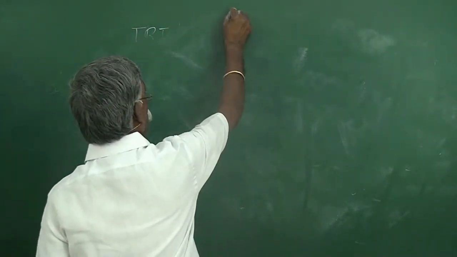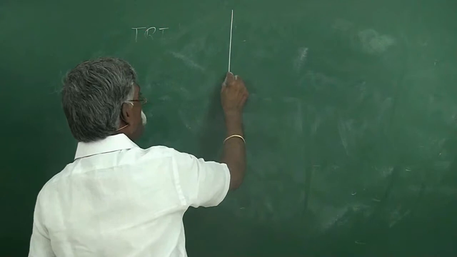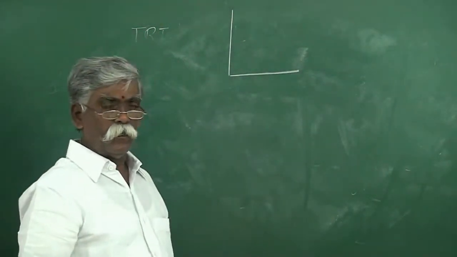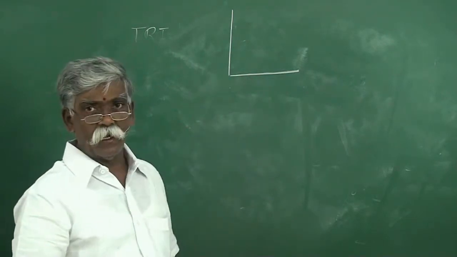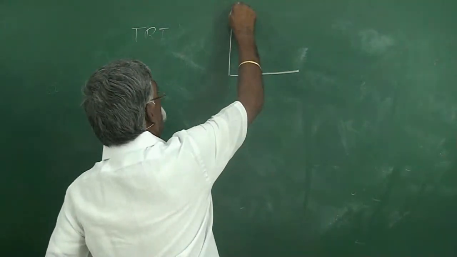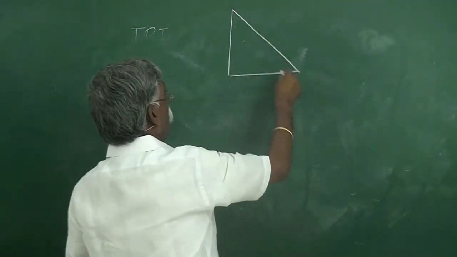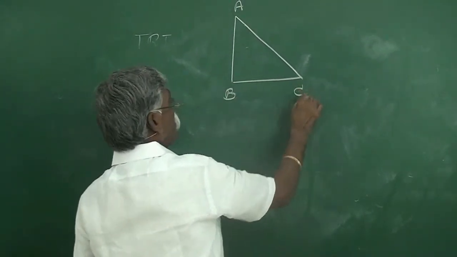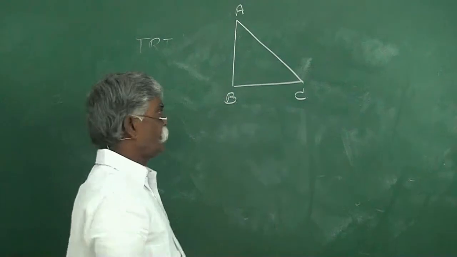What is a trigonometrical ratio? When this is a vertical line and this is a horizontal line, we know that this is a right angle. Now, complete the right angle triangle like this. So, ABC is a right angle triangle.